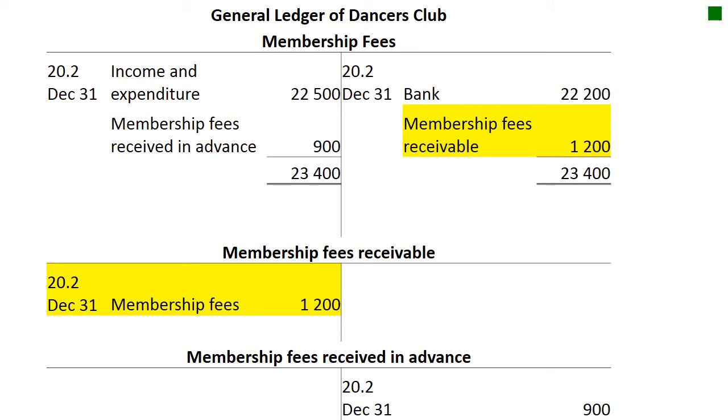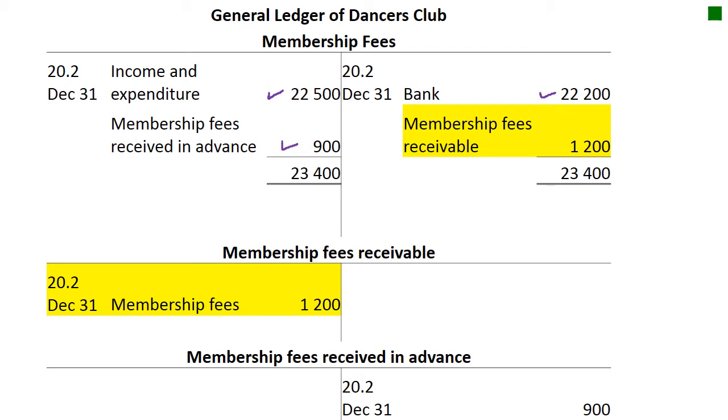What we have is in the membership fees account, we know the total amount of membership fees we should have earned. That's for the 75 members. We know that there are 3 members who paid in advance, but we received 22,200. So that 22,200 is the total we received, but 900 of it relates to next year.